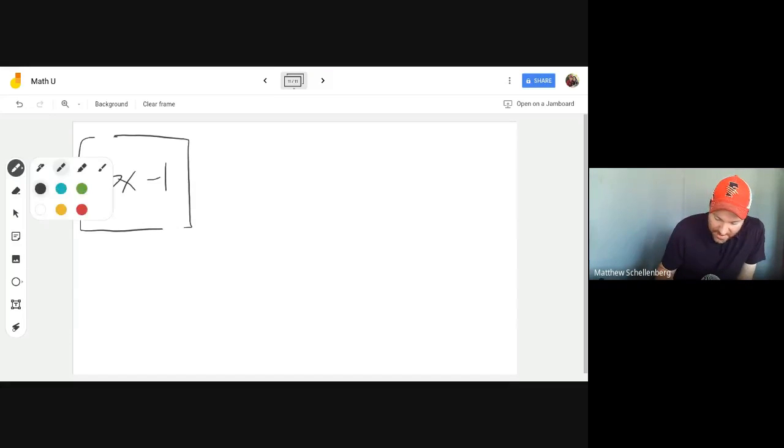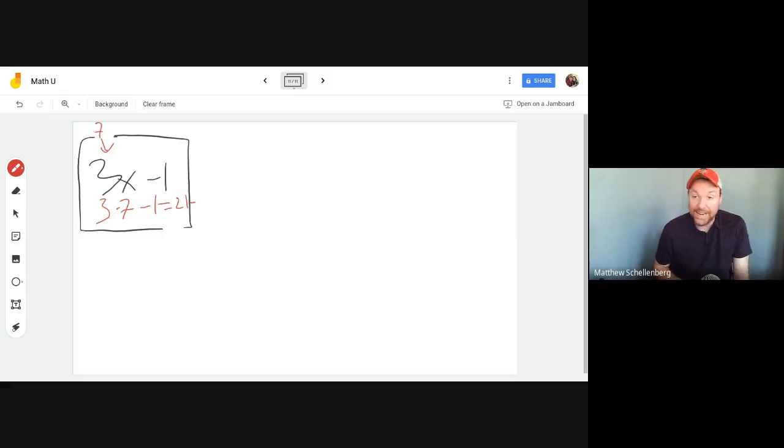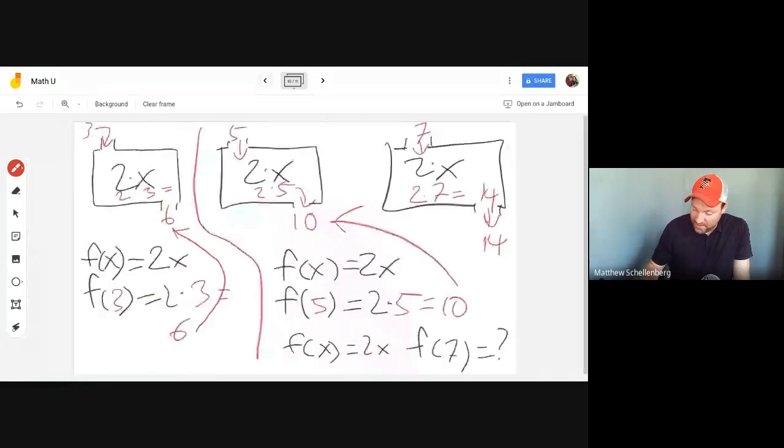If we plug in a 7 here, the 7 goes in. 3 times 7 minus 1. 21 minus 1. 20. Ding! 20 is the answer. So in this one, you plug in 7, you get 20. But on the last one, when we plugged in 7 over here, we got out a 14, because the machine is different.